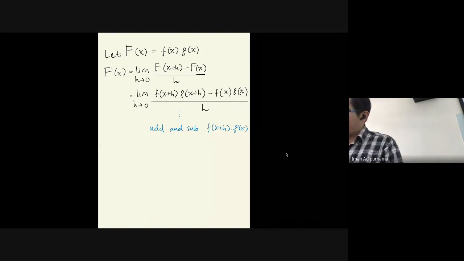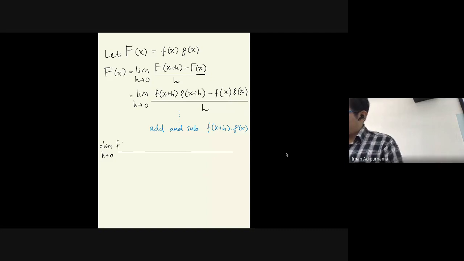So it will be the limit as h goes to 0. I will add, with a different color, this f(x+h)g(x).